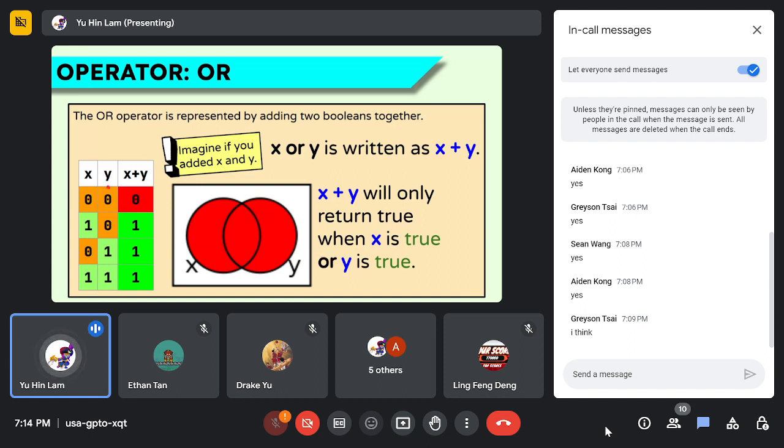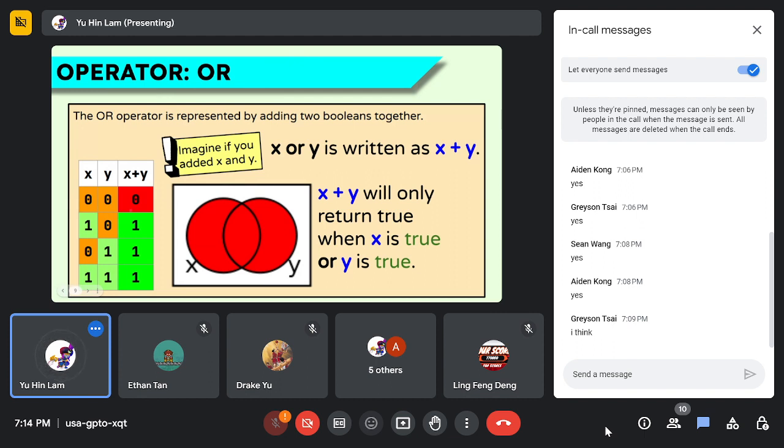In our truth table, we have all the possible combinations: false, false; true, false; false, true; and true, true. We can sort of imagine it like adding, except for the last one, since 1 plus 1 is 2, but it's just 1. So if either x is true or y is true, then it returns true.